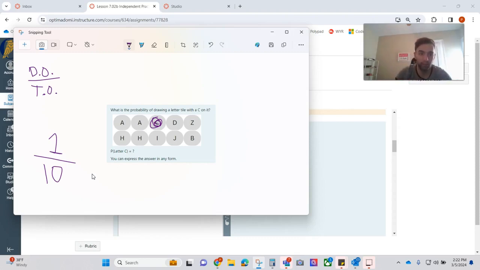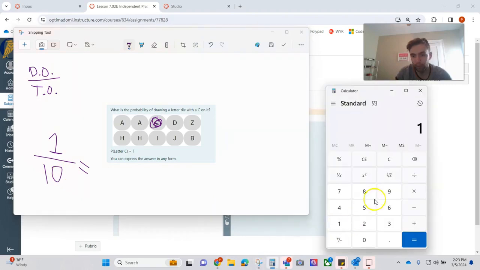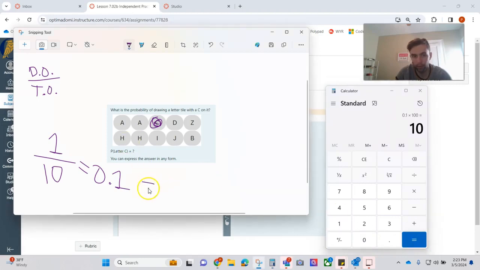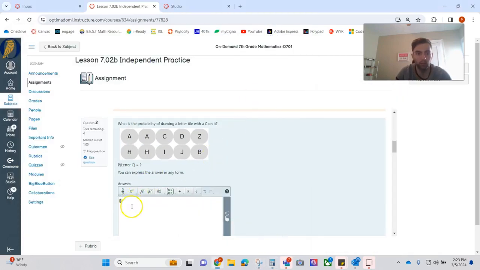What's this as a percent? First let me turn that into a decimal by doing top number divided by bottom number, 0.1. And then I turn that decimal into a percent by timesing it by 100. 10%. I have a 10% chance of winning if I have to choose the letter C.